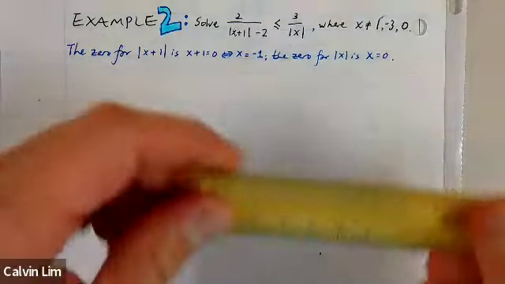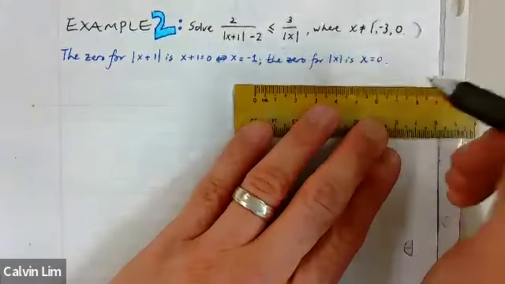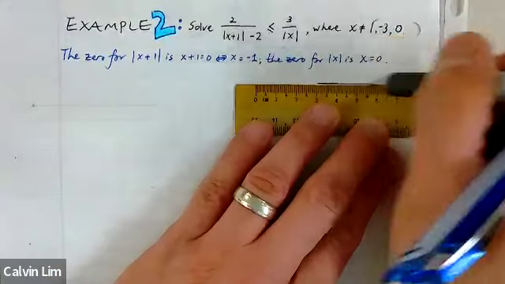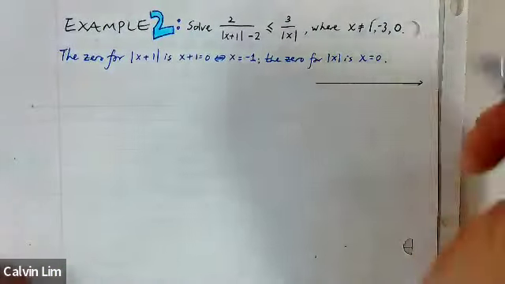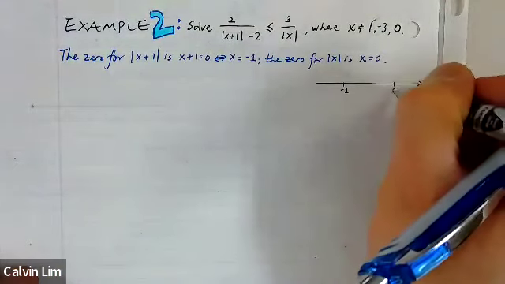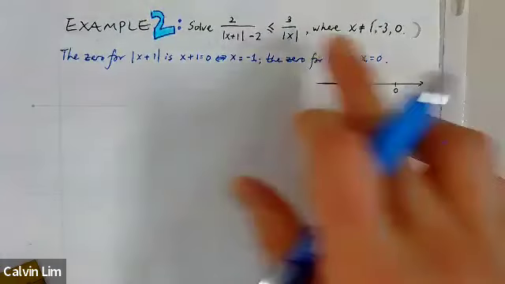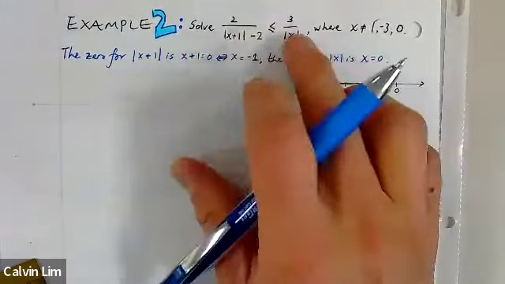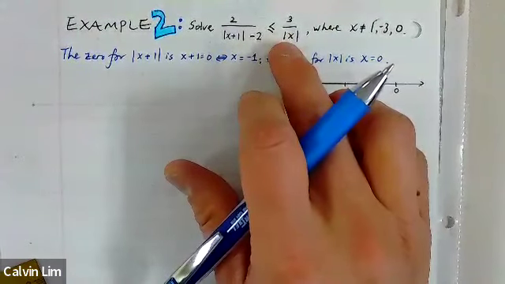Okay, so now we can draw a little number line as a visual aid to help us identify the regions. So we have negative 1 and 0 are the two 0s, right? But these are rational functions. Rational functions have potentially what?